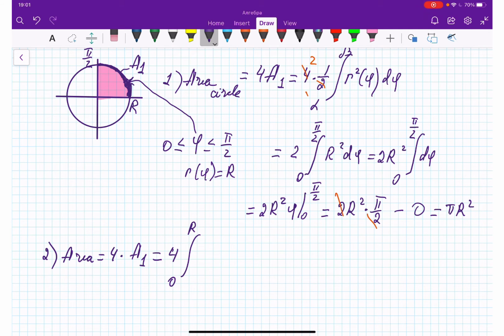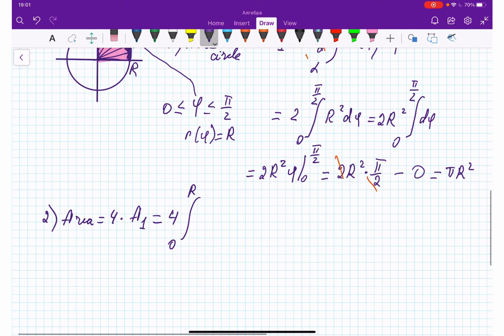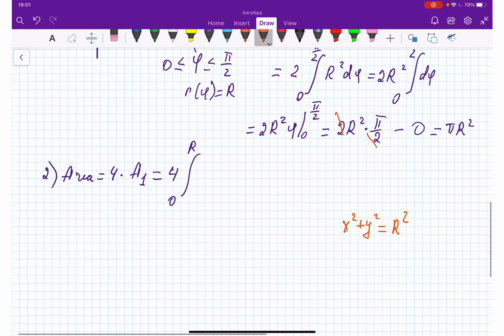And what function is it going to be limited by? Let's find out this function. And this is changing our y, right? Look here. The formula for our circle is x squared plus y squared equals r squared, and y from here is equal to plus or minus the square root of r squared minus x squared.